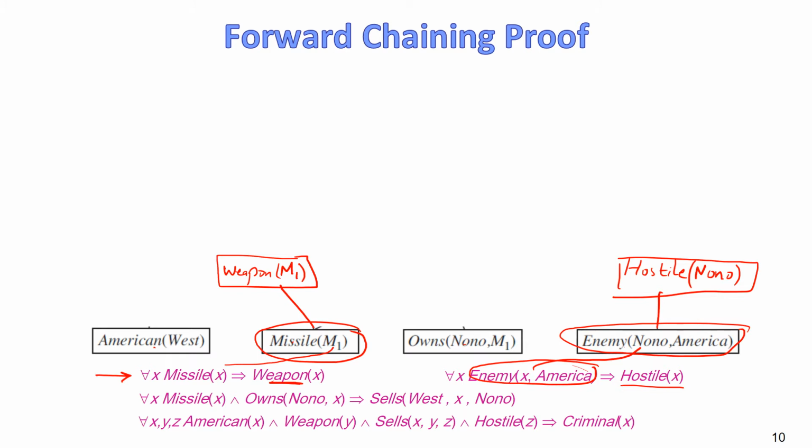What else? How about this one? Can we apply generalized modus ponens here? Look at this: Missile(x) and Owns(Nono, x). So we have Missile(m1), so that can be unified with this one. And we have also Owns(Nono, m1), which can also be unified with this one. So we will apply generalized modus ponens with these two.